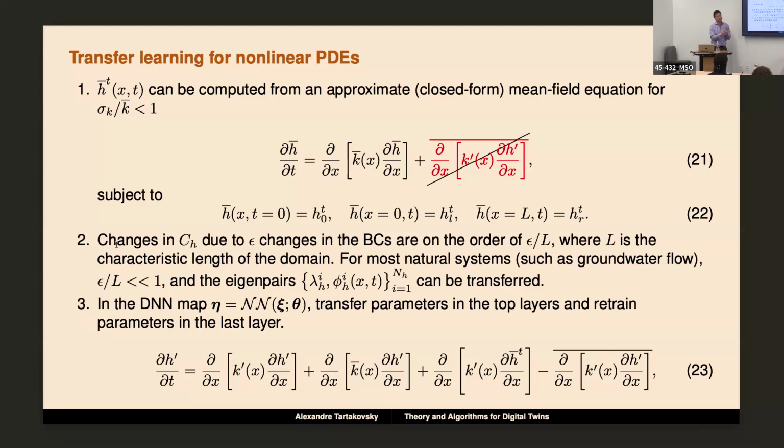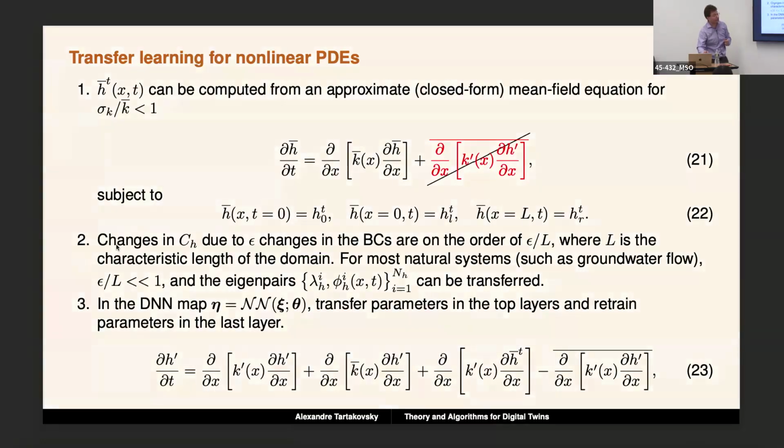For most natural systems, for example aquifers, changes in the boundary conditions are on the order of meters, and L is on the order of hundreds or thousands of kilometers. So this ratio is very small, and we can ignore the changes in the covariance. So the covariance can be transferred, meaning that eigenvalues and eigenfunctions can be transferred.